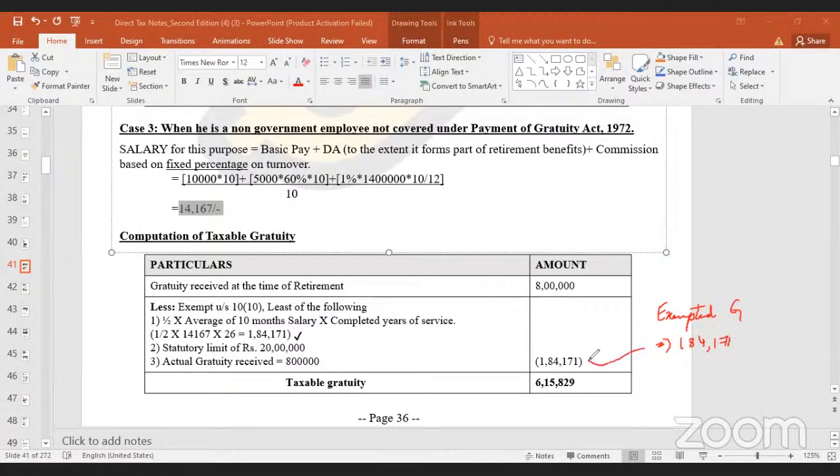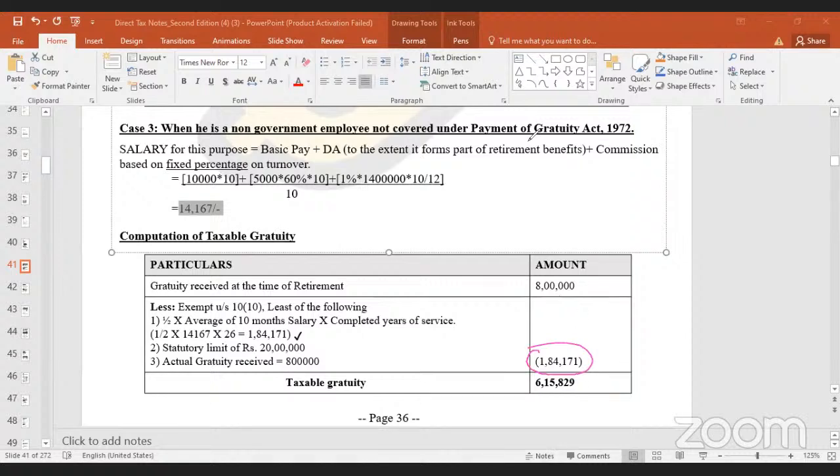This is the figure which is the exempted gratuity. But in a hurry, or if you are not sure about the concept, you will go and tick the other figure. You solve all these things in the worksheet, it's perfect. You will arrive at 6,15,829. It's perfect, but you will make a mistake over here. This figure is the exempted gratuity.